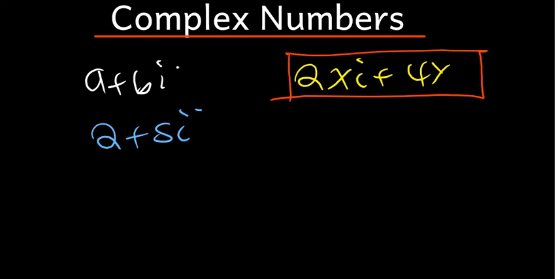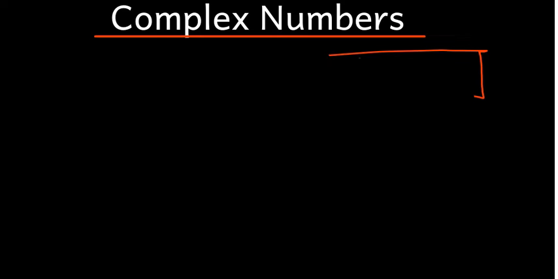So this is the basic idea behind complex numbers. Whenever we're talking about complex numbers, we're going to be dealing with the real part and the imaginary part. Okay, so now what if I give you this? What would you say? Let's say we have just 2.